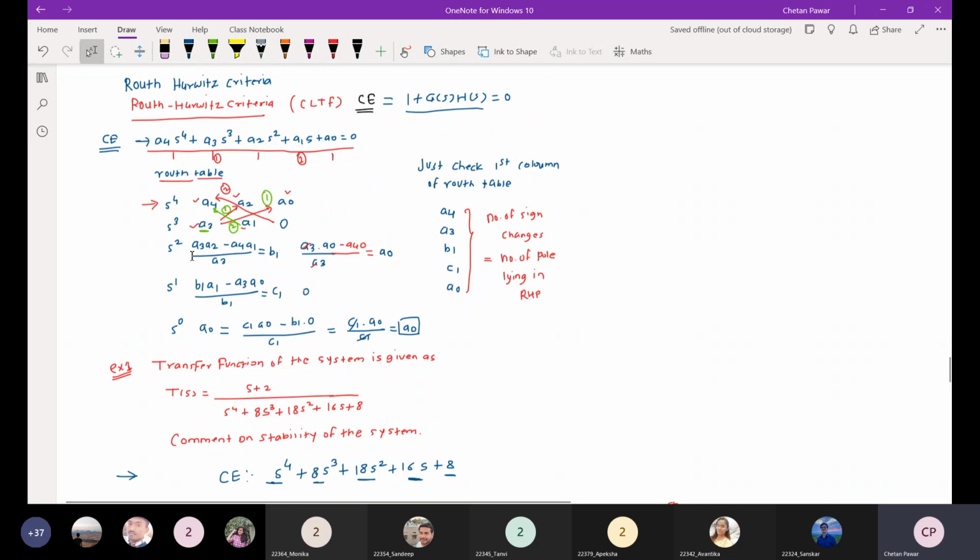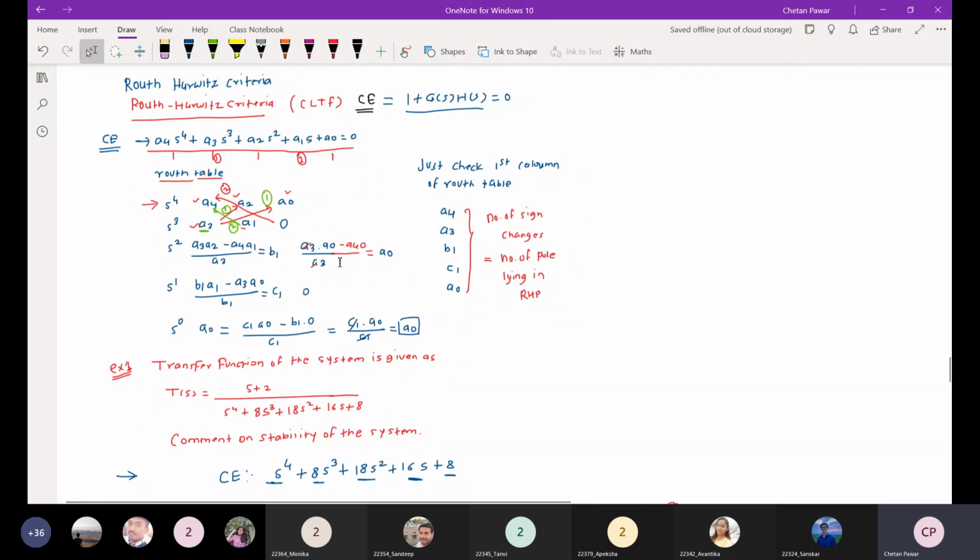Similarly, if I want to find the second element of this row, what will I do? I will multiply a3 with a0. Now, the third element of the s cube row is not available in the characteristic equation, so we just consider it as a 0. So a3 into a0 minus a4 into 0, divided by a3, is the second element of this row.